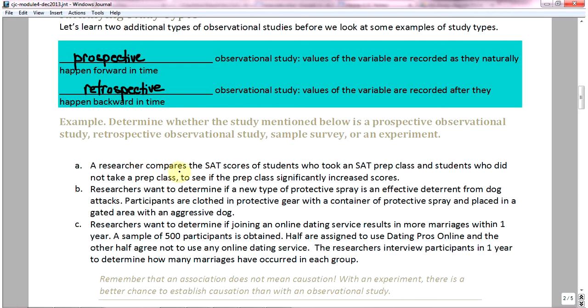If we read this further, we have students who have already taken an SAT prep class and then some who did not, and they're looking back to see if the SAT scores were higher for the ones who did take the prep class. So this is a retrospective study. The researchers are looking at something that's already happened.